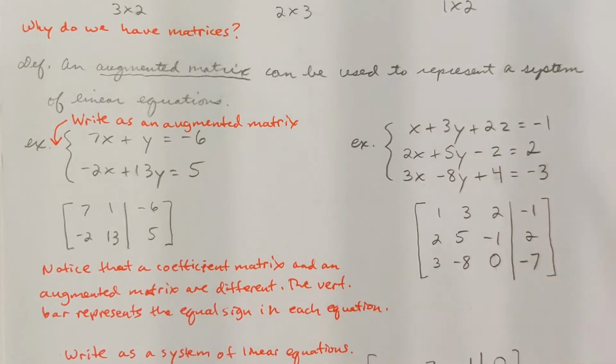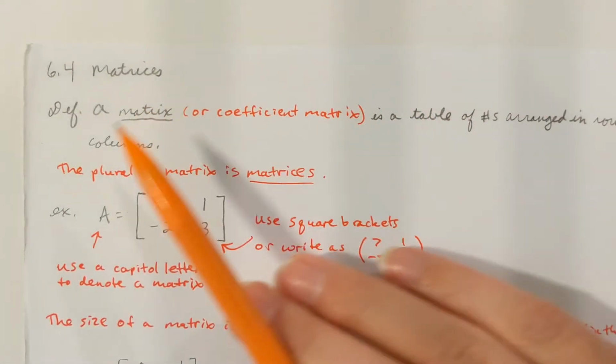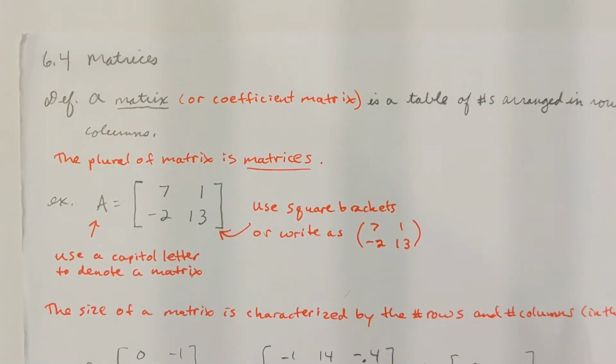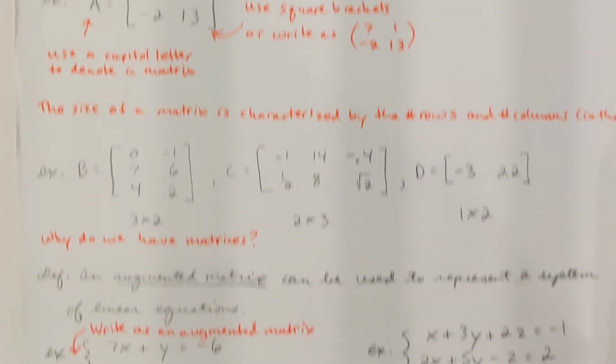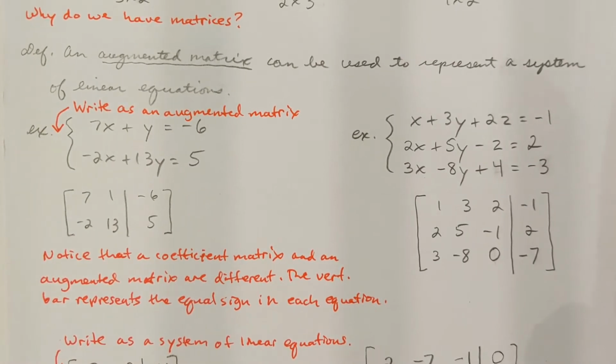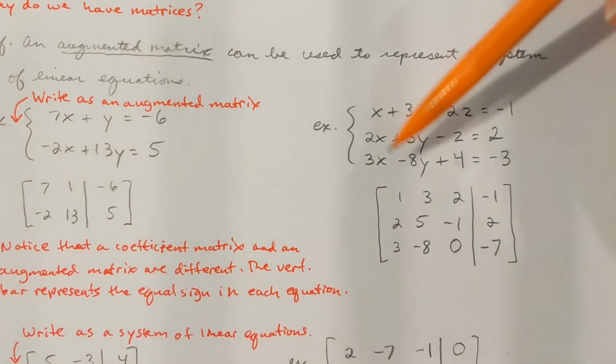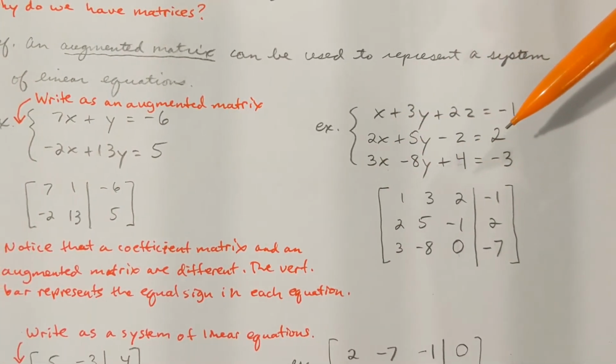Now, the topic in chapter 6 is systems of linear equations. So when we talk about the topic of matrices, more specifically, we're talking about augmented matrices. So there's a difference between an augmented matrix and just a coefficient matrix. Here's another example. I've got this system of linear equations.